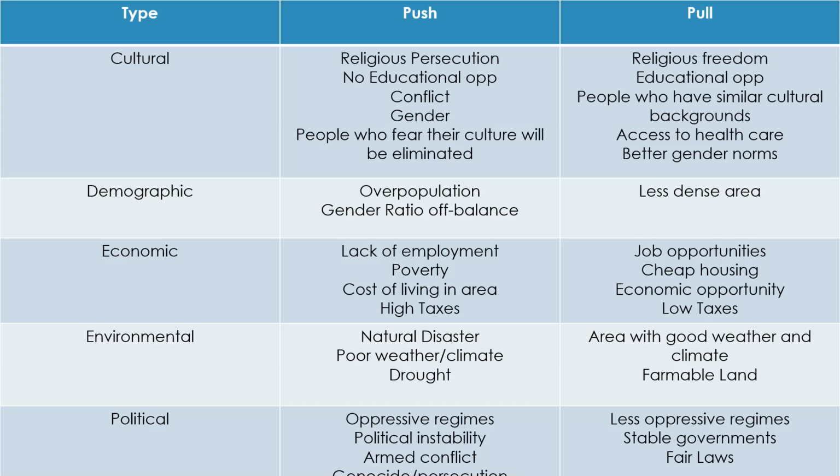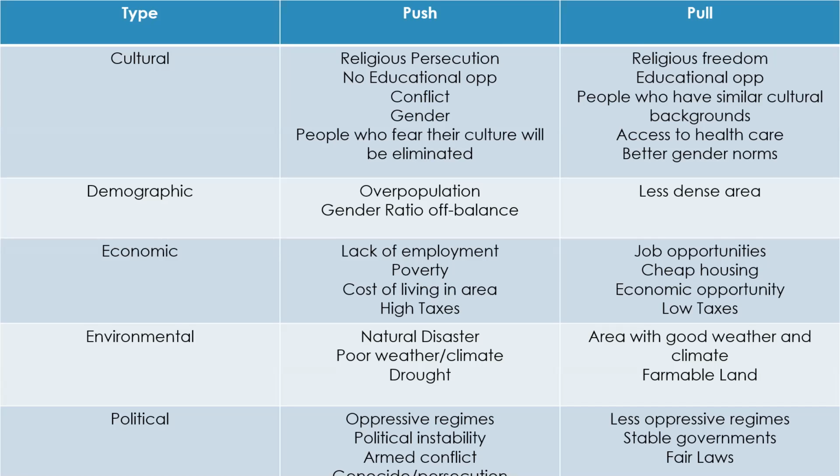Things that might pull people in culturally and socially speaking are things like high quality schools, healthcare, access to entertainment, parks, culturally accepting, gender norms, maybe people who have similar cultural backgrounds. If we're thinking on a smaller scale, we might think of a region maybe in Oregon, where people might see more of themselves.